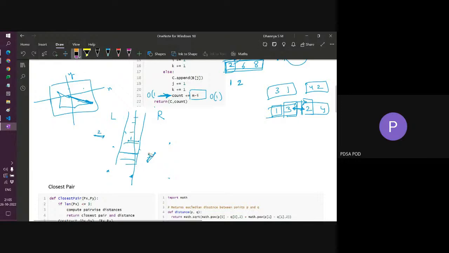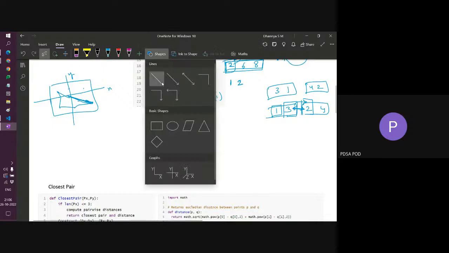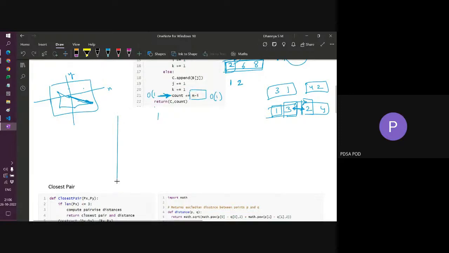I'm really sorry, I'm not able to draw a straight line. Just let me get it straight, one second. I'm just drawing, okay, maybe a horizontal line.